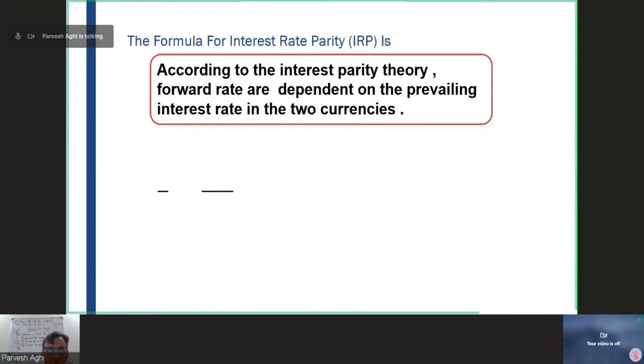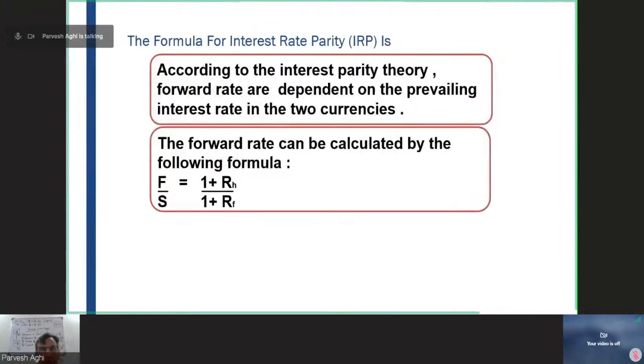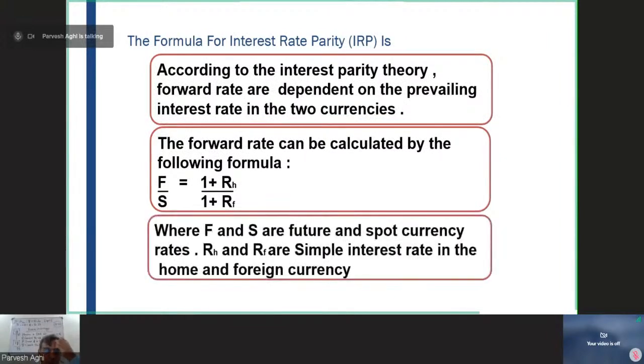According to the interest rate parity theory, the forward rates are dependent on the prevailing interest rates in two countries. The forward rate can be calculated by the following formula, which is there on your screen.